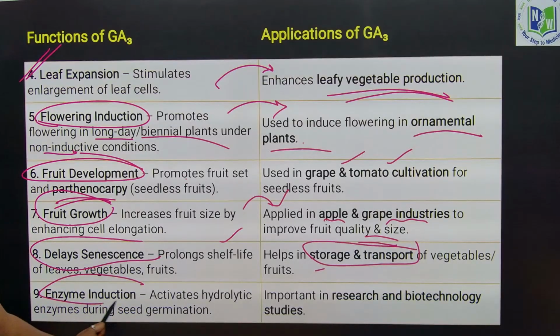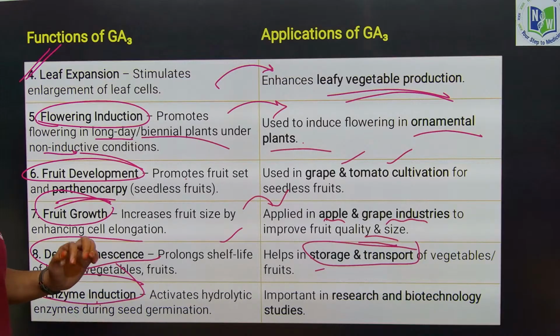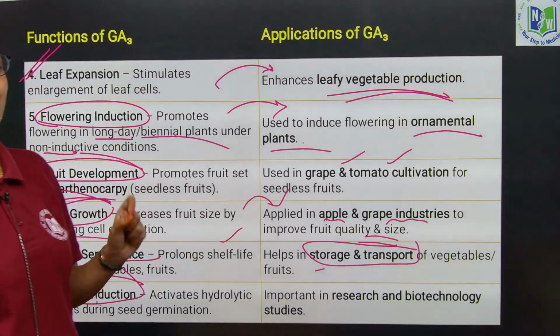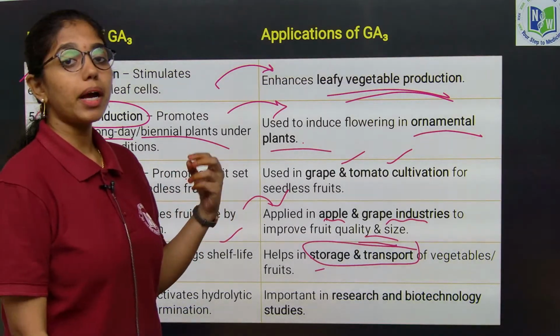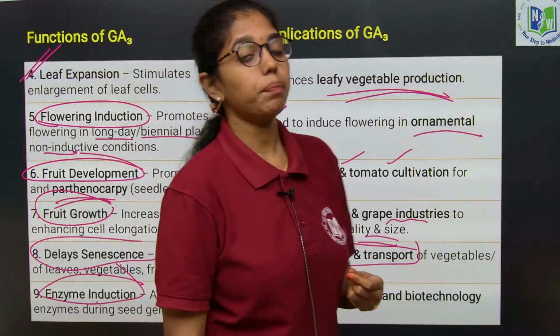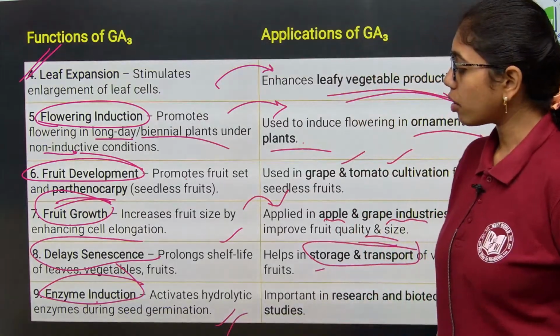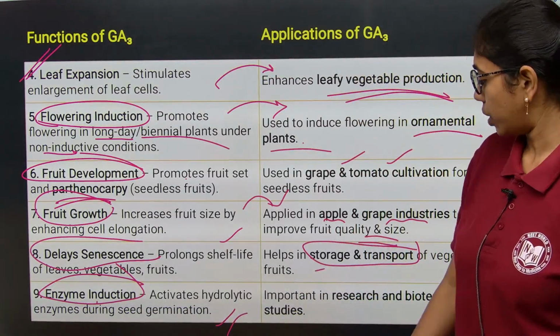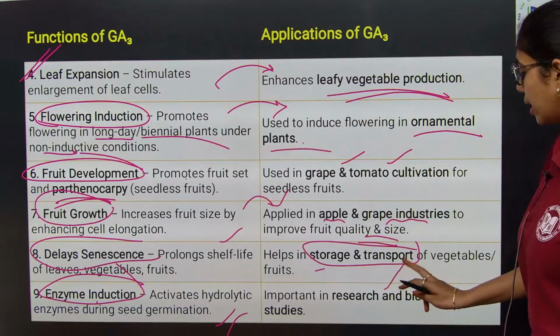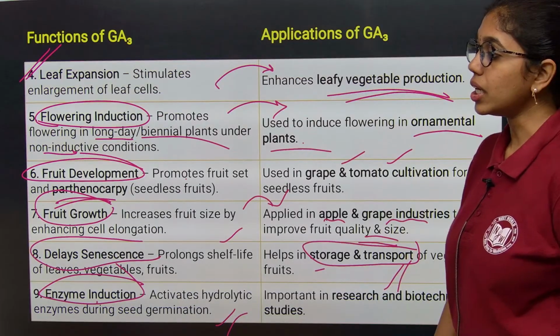And most importantly, lastly, enzyme induction: the production of alpha amylase will help in starch hydrolysis, thereby providing nutrition to the developing seed and promoting seed germination. This activates hydrolytic enzymes during seed germination, which is important in research and biotechnology studies.